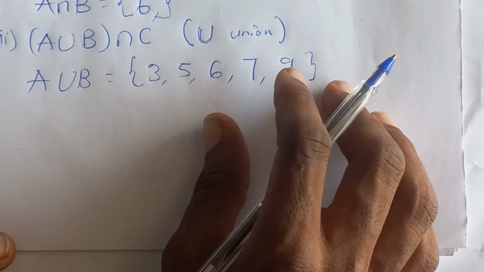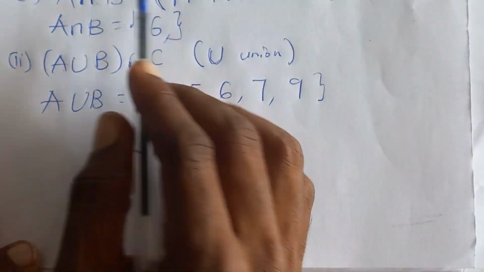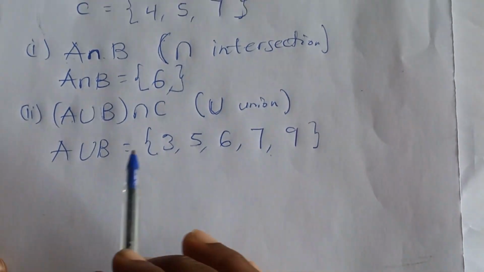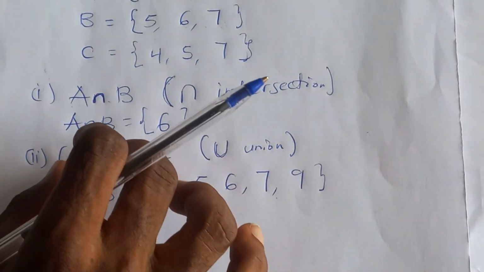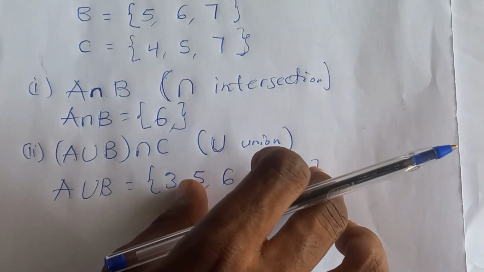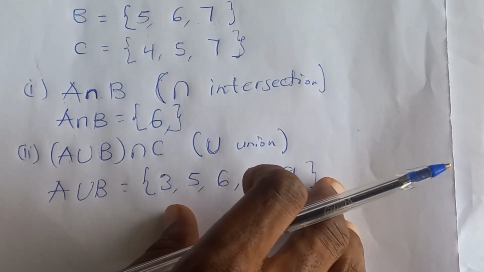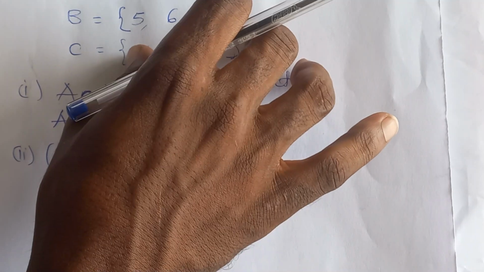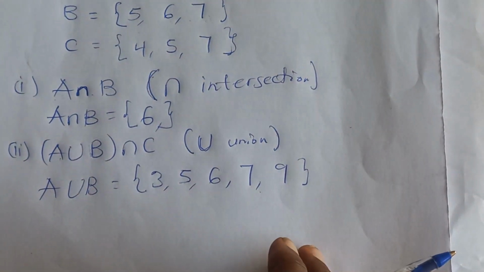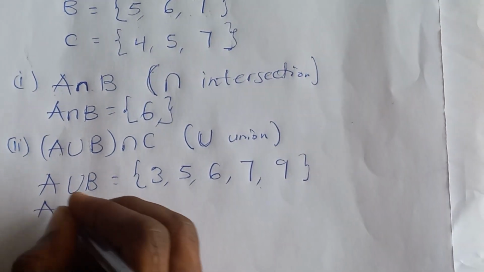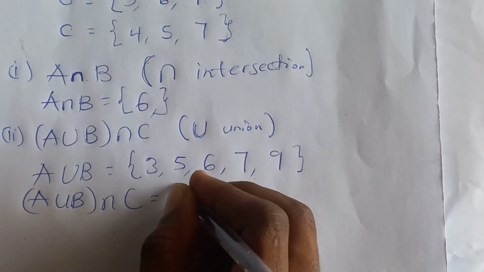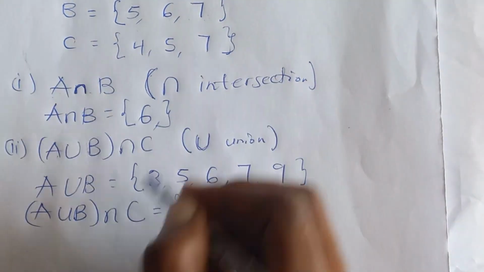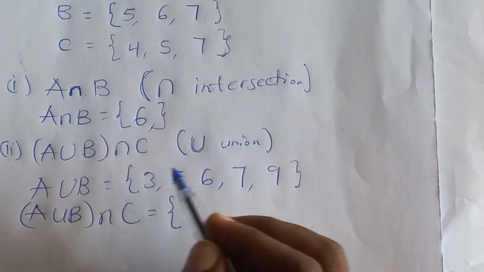But the question is asking us for A union B intersection C. This is C and this is A union B. So what it means is that we should look for elements in A union B that you can also get in C. So let's compare C and A union B. We have 4 here.